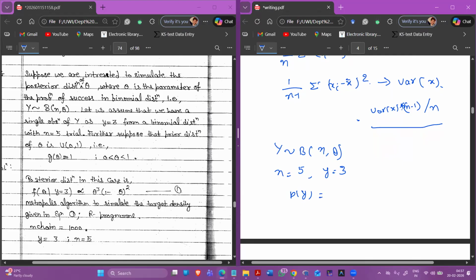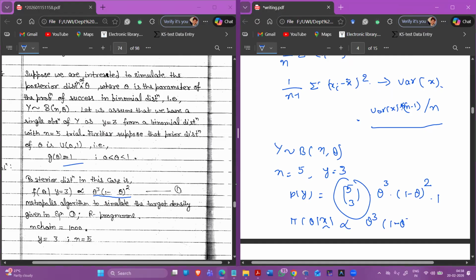What is my P of y? It is 5C3 into theta raised to the power 3 into 1 minus theta raised to the power 2. This is the constant term, into 1, that is my uniform prior. So my posterior density will be proportional to theta cube into 1 minus theta whole square.